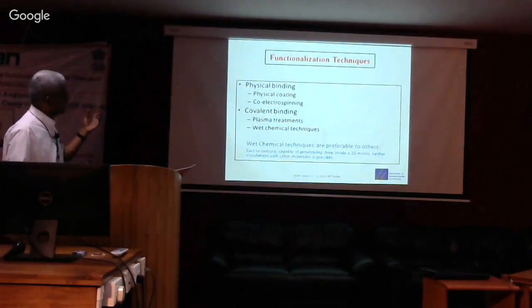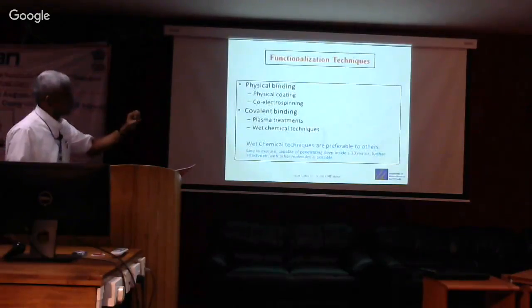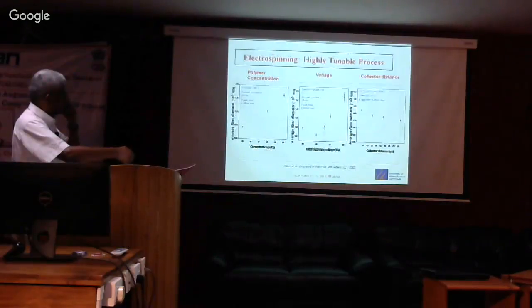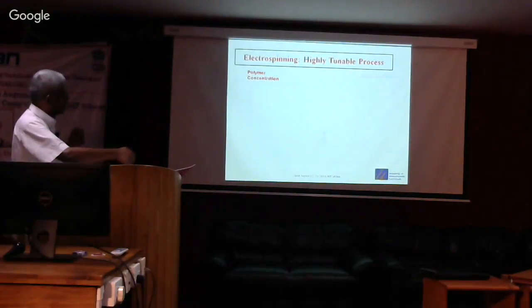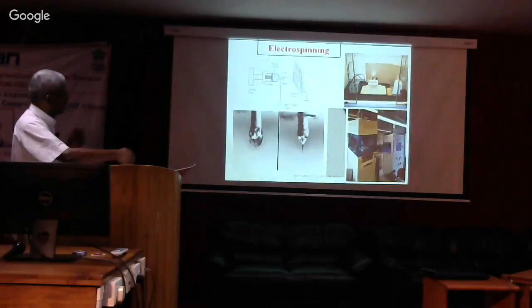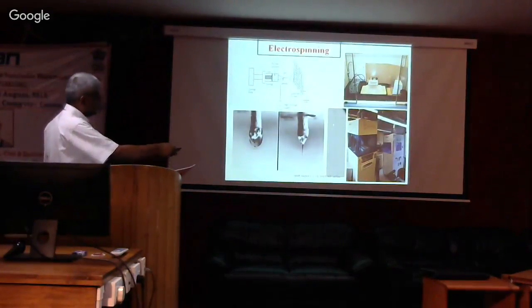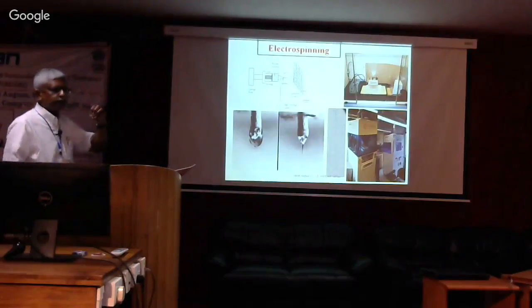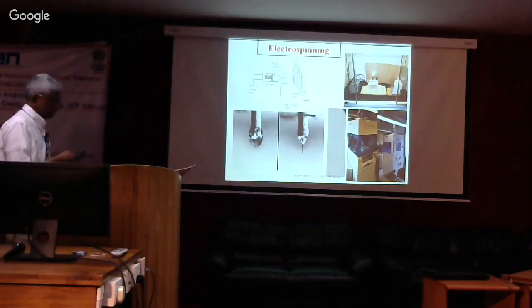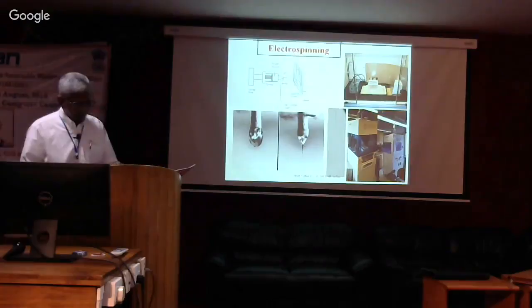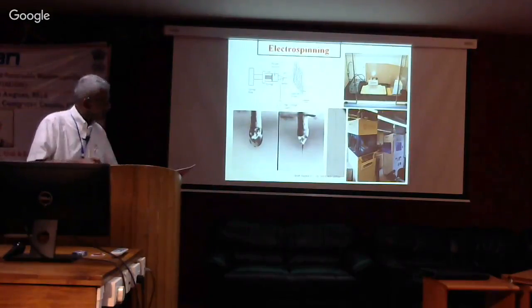But the idea is that as this fiber is being formed, functional groups are also formed. Okay? So that's a very neat technique, but not at all easy to get good results.